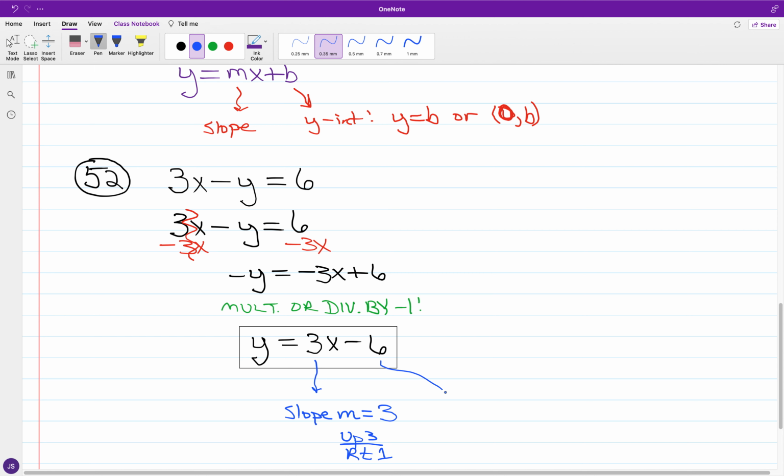And for the negative 6, we have the y-intercept, so that's y is equal to negative 6. As an ordered pair, we have 0, negative 6. And just looking at the visual layout for the graph of this particular equation.